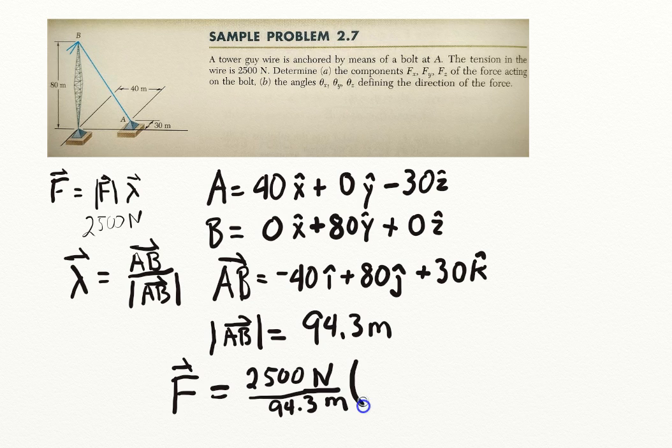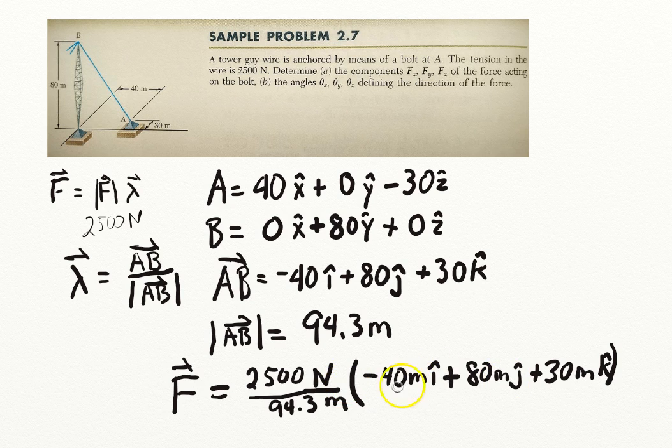So then I'll multiply by this, minus 40 meters in the I-hat direction, plus 80 meters in the J-hat direction, plus 30 meters in the K-hat direction.